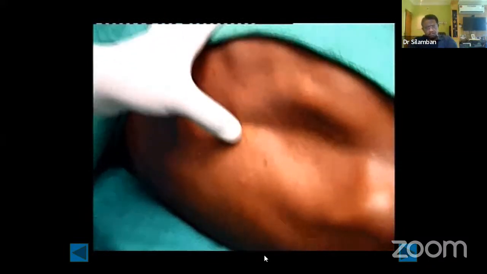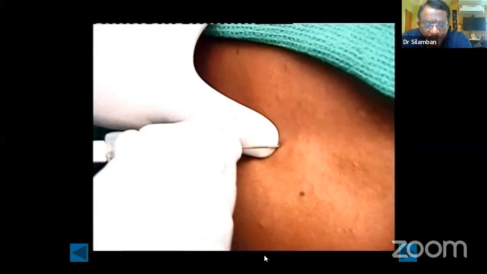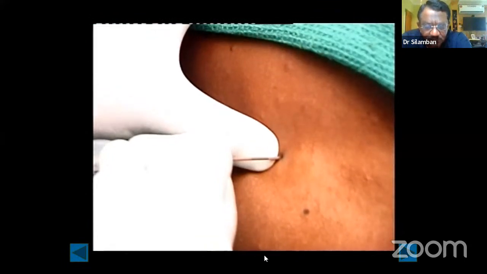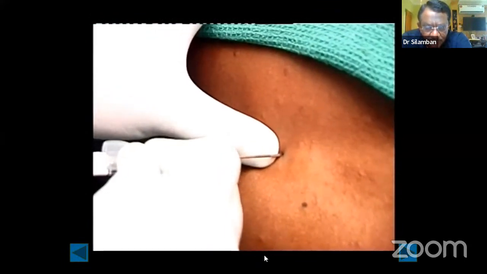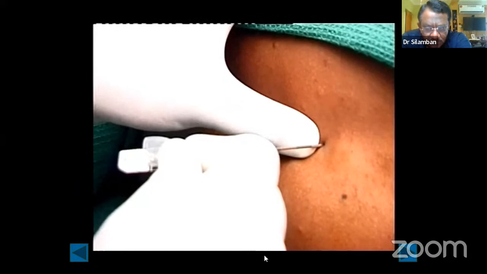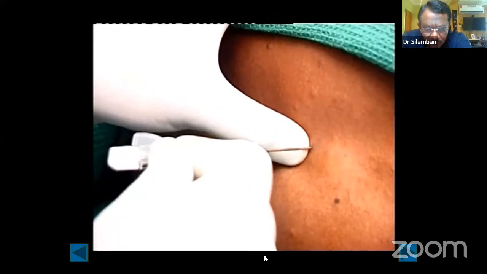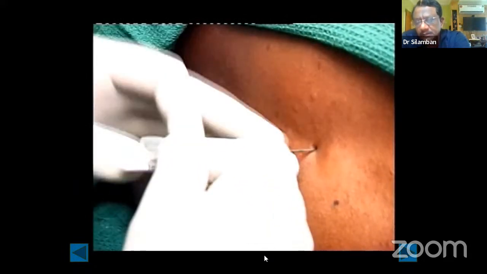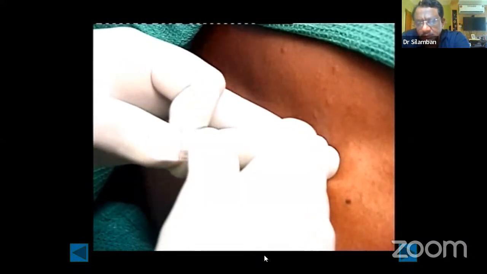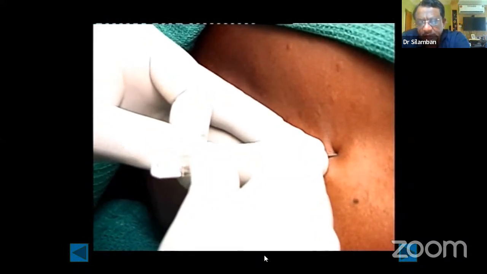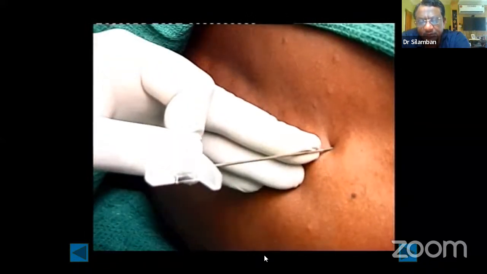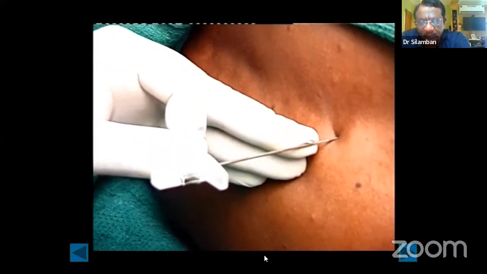Feeling for the upper spine and feeling for the lower spine, going almost on the lower spine. The upper thoracic is almost deeper when compared to the lower thoracic and lumbar.